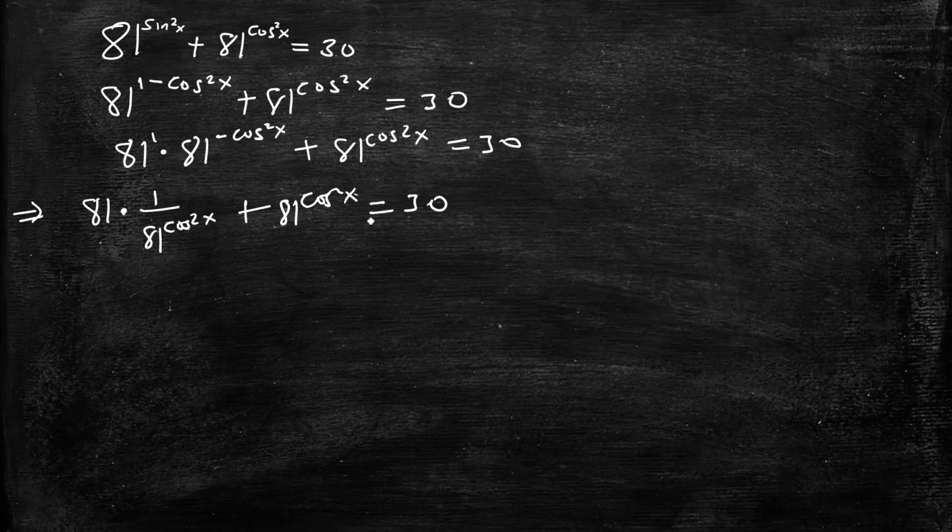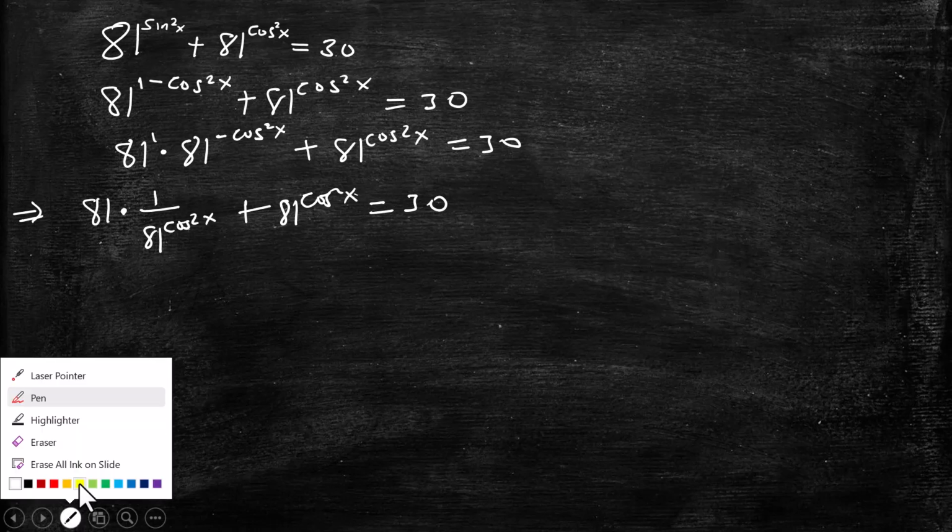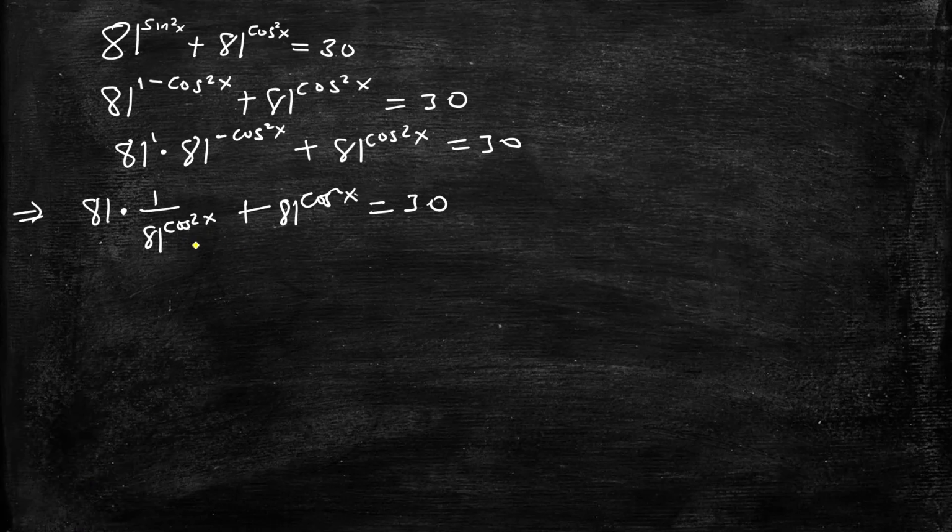Now we have a common term here: we have 81 exponent cos squared x and 81 exponent cos squared x. So let y be 81 exponent cos squared x.